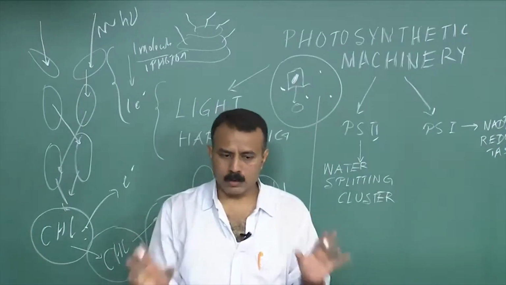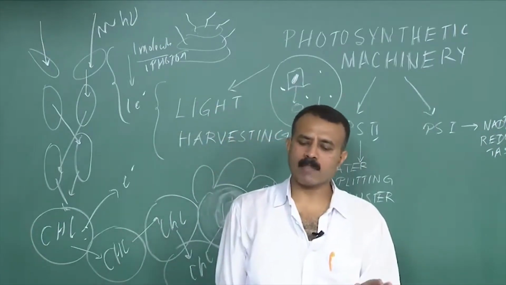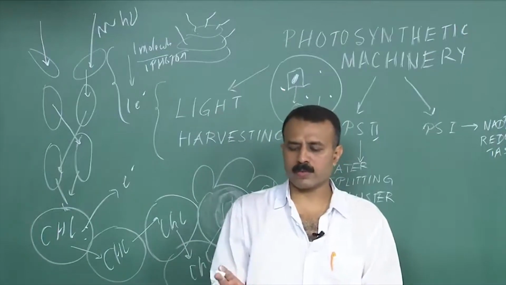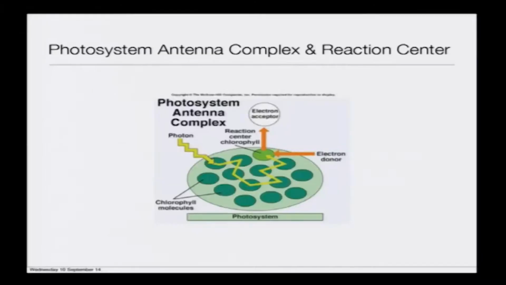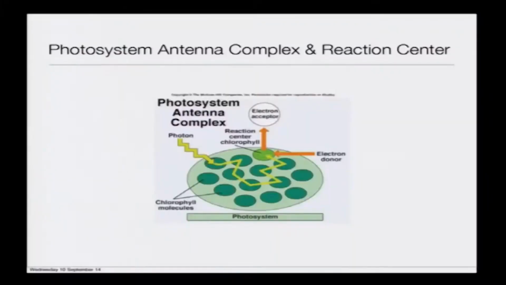So, the take home message at this stage is that we indeed have reaction centers. If you see this slide, in the dark green spheres you see a lot of chlorophyll molecules, but the reaction center in this picture is shown only once. Likewise, you can imagine there is only one specific, or there are multiple such reaction centers.